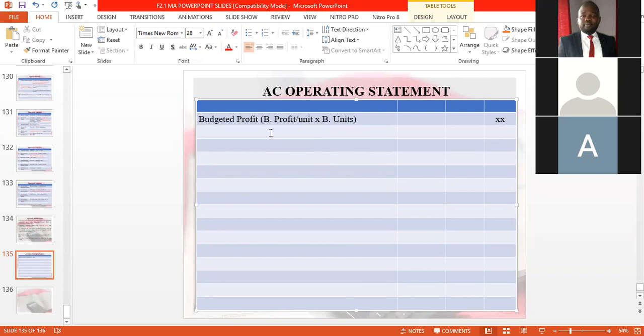Next you account for sales price variance. If favorable, you add. If adverse, you less.